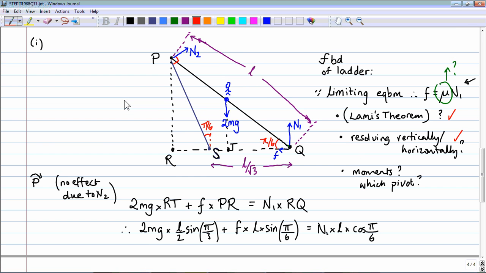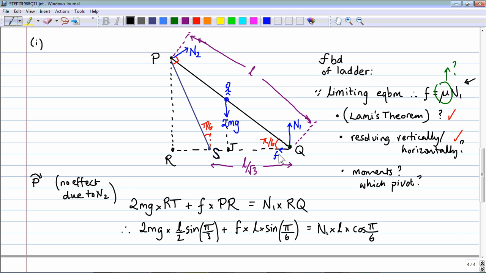Now let's look back at the diagram and ask what's the simplest way to get that information. If I want a relationship between N1 and mg in just one simple equation using moments, I'm going to have to find a point where the effect of N2 and the effect of F are 0.